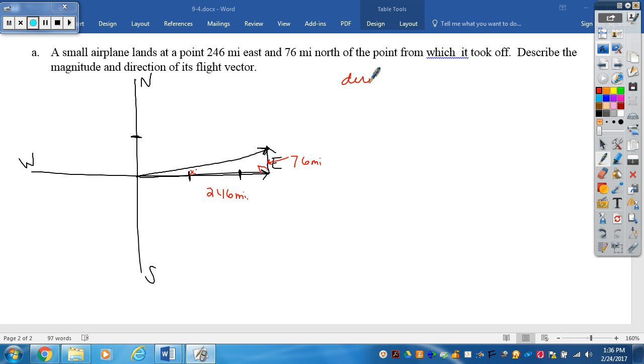Okay, so again, I hope you see in the right triangle here, you've got your opposite side and adjacent side. So direction is going to be the tangent of x is equal to the opposite over the adjacent. Okay? And I'm going to go ahead and solve for x by using my inverse tangent function.